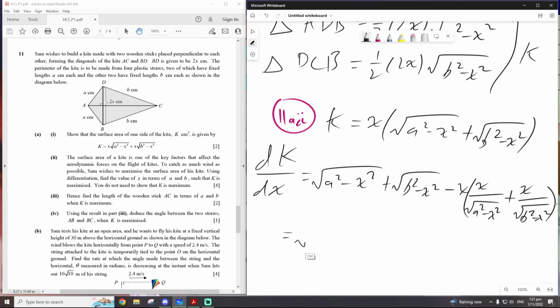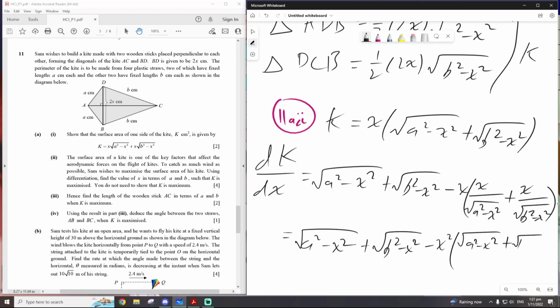So that I get root a squared minus x squared plus root b squared minus x squared minus x squared. And if I combine this to a single fraction, I get root a squared minus x squared plus root b squared minus x squared, divided by the product of those two.